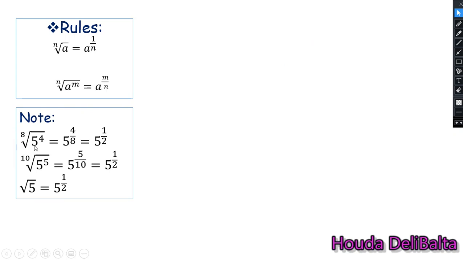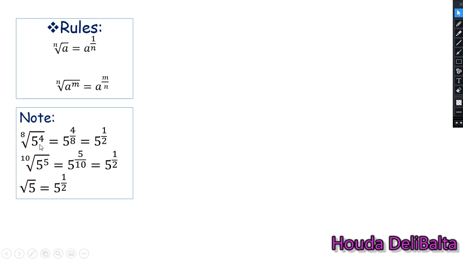8th root of 5 to the power 4 is the same as 5 to the power 4 over 8, which is 5 to the power half. Is the same as 10th root of 5 to the power 5, because it is 5 to the power 5 out of 10, which is 5 power 1 over 2, which is radical 5.